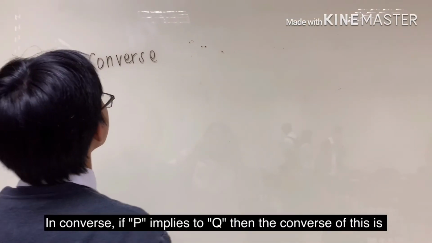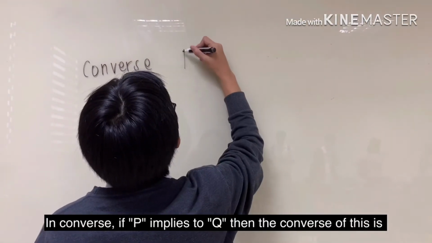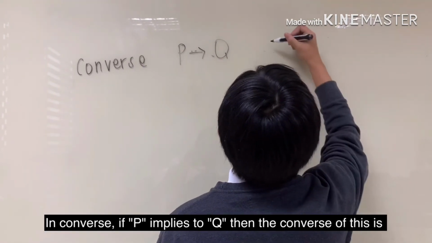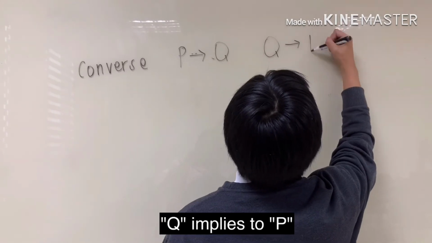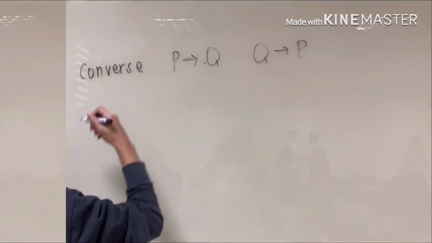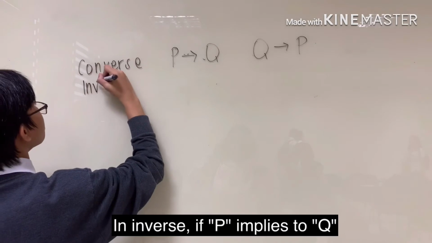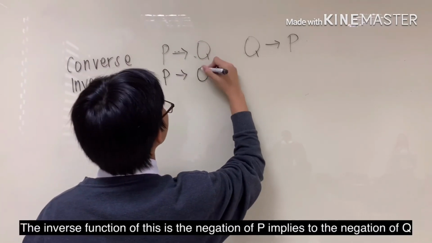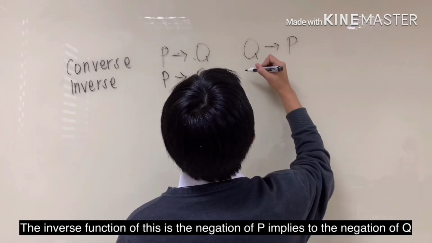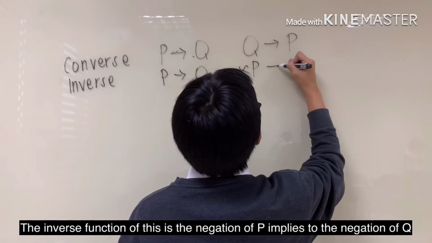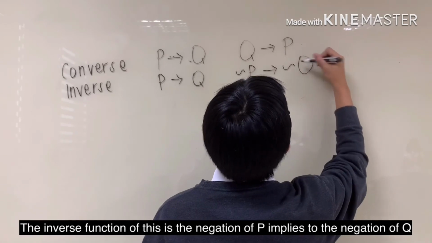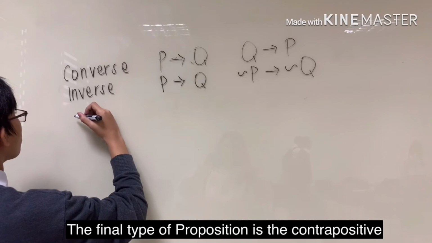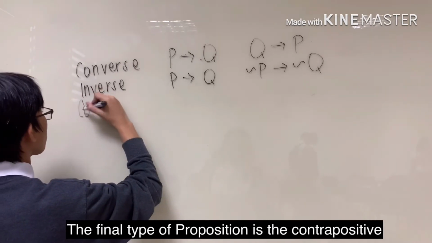In converse, if the statement P implies Q, the converse of this is Q implies P. Next, in inverse, if P implies Q, the inverse of this is the negation of P implies the negation of Q. The final type of the conditional propositions is the contrapositive.